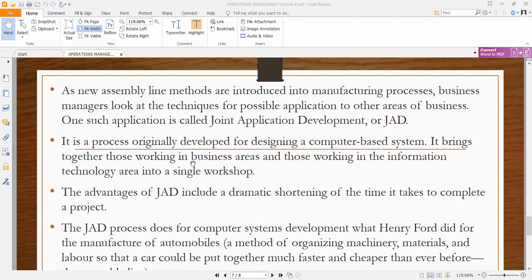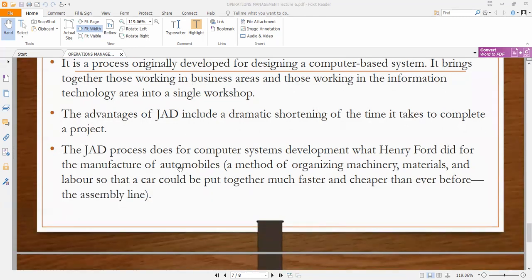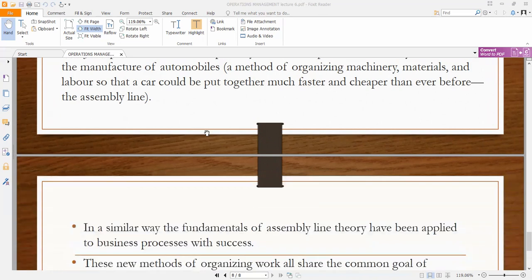That Ford that we see now, he used this type of system to come up with it. This method helps to organize machinery, material, and labor so that the car could be put together much faster and cheaper than ever before.